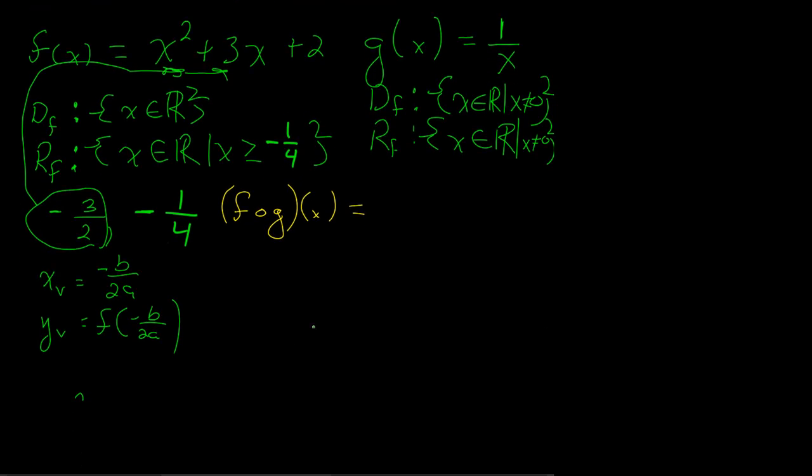And now I want f composed of g. So this is saying I take f and I place into it g of x. Specifically, in f, I'm replacing g of x with 1/x, because that's what g of x equals, right? This equal sign says wherever I see g of x, I can replace it with this rule.